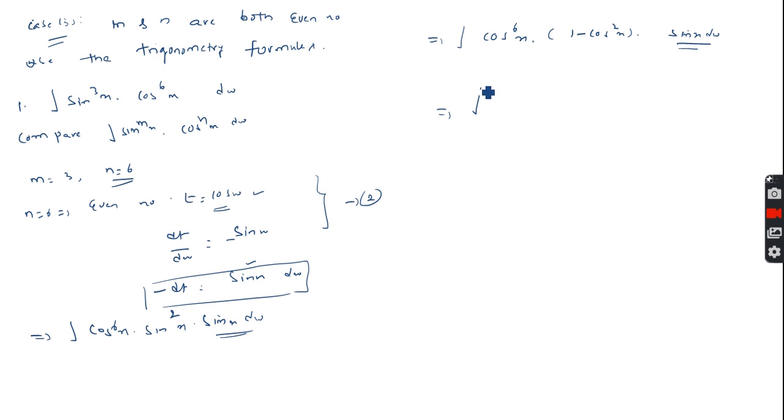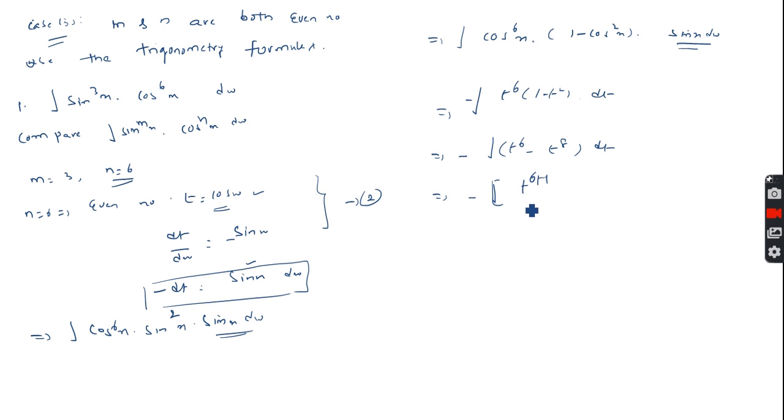Therefore, substituting, we get t power 6 into 1 minus t square, and sin x into dx is nothing but minus dt. So therefore, t power 6 minus t power 8 into dt.